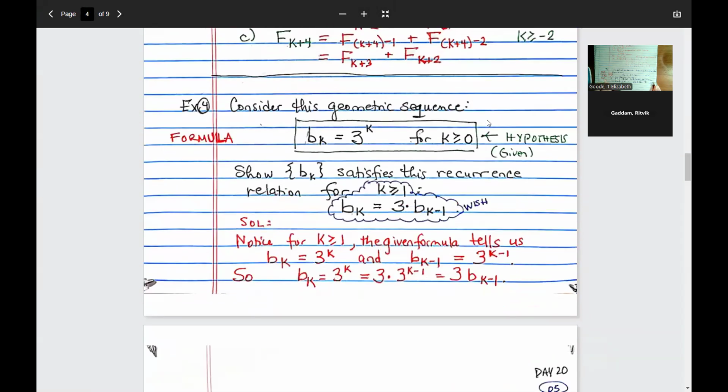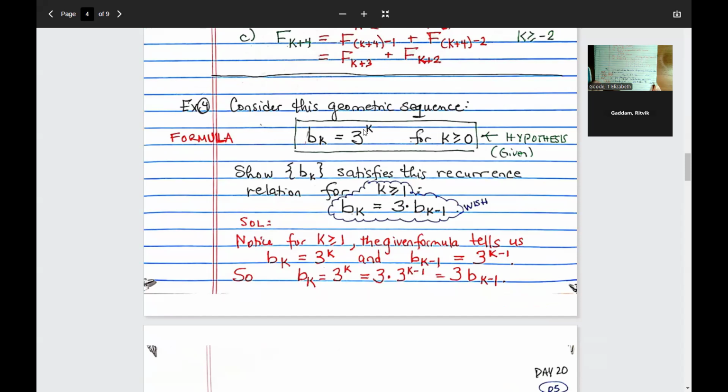All right, example 4. Because there was a geometric sequence, I gave you the formula. I said B sub k instead of B sub n, but it's the same idea. Show that the sequence satisfies this recurrence relation for k greater than or equal to 1.